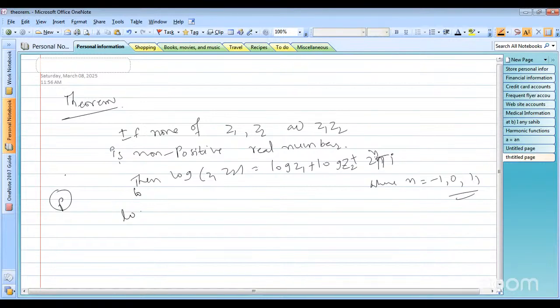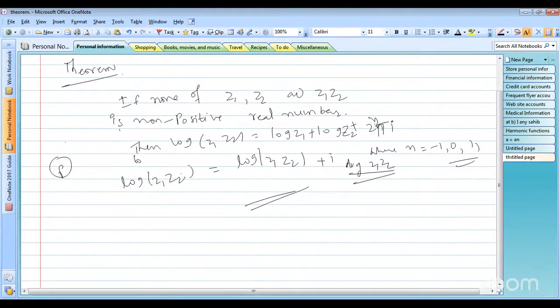Here log of Z1 Z2, the multiplication part, is log of modulus of Z1 Z2 plus i times the argument of Z1 Z2. This is a real part and this is an imaginary part. So I am separating it: log of modulus Z1 plus log of modulus Z2, plus i times the imaginary part, argument of Z1 plus argument of Z2 plus 2n pi.